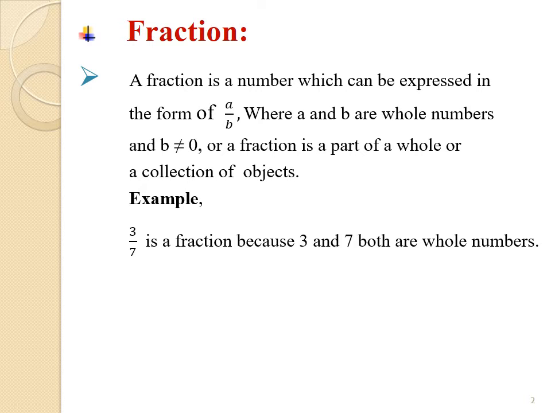Now, types of fractions. There are 8 types of fractions. They are like fractions. Like fractions are the fractions with same denominators. Example, 1 upon 3, 2 upon 3, 5 upon 3 are like fractions.